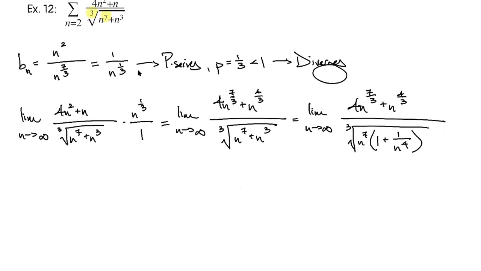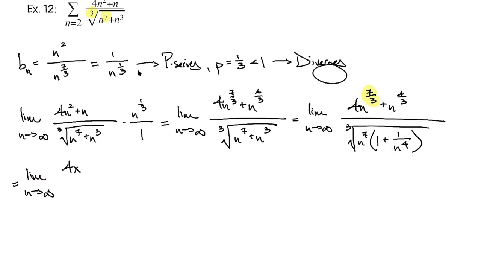Now, you might be like, well, why would you choose to do that? And how do I know to do that? And that's because I see a fraction here. So I'm thinking about the shortcut that we started today's lesson with. If I can get a same power on the bottom as I can on the top, then instead of having to use L'Hopital, I can just say, hey, I know what that n behavior is going to be.